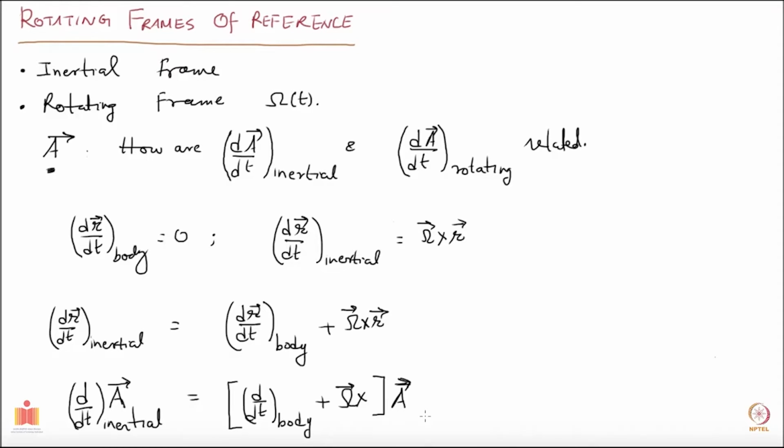So you may choose to write vector a in either the body coordinates or rotating coordinates. Initially I called it rotating, but then I started calling it body because I was imagining a rigid body which is moving. But anyway, you can write rotating also if you wish.